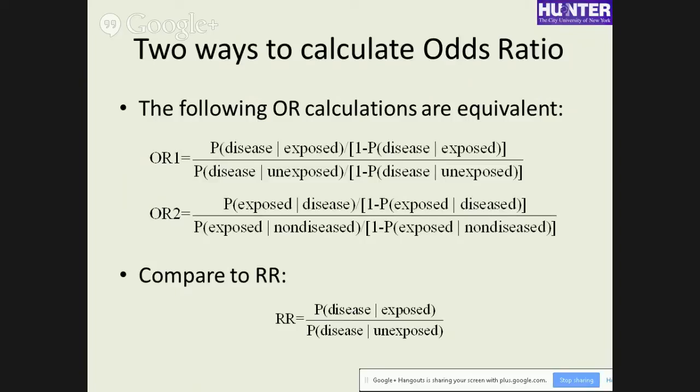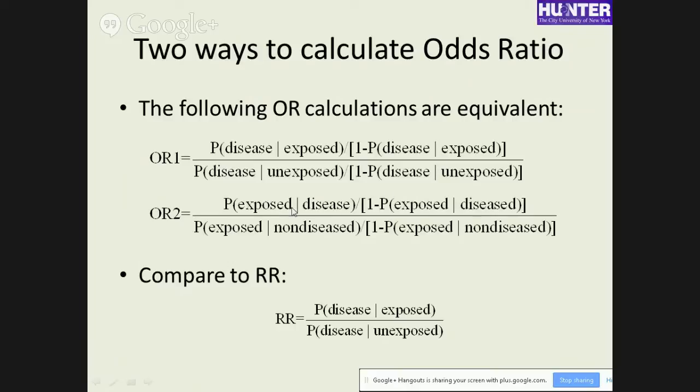I thought it was OR1. And OR2 was cross-sectional? I think actually it's OR2 for the case control because we're controlling how many disease and how many non-disease. So we can calculate the probability of exposure in each of those groups. So did you say it's odds of exposure for case control?